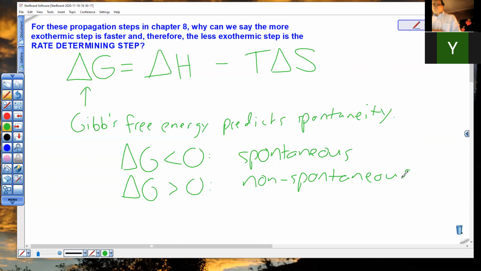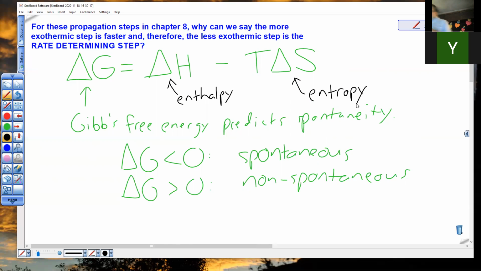And delta H is the change in enthalpy. We've been calculating those. And that is a major driving force for many reactions, enthalpy. Delta S is a different driving force called entropy.